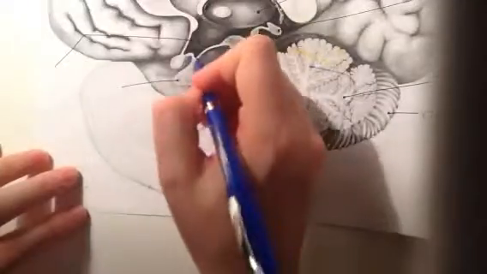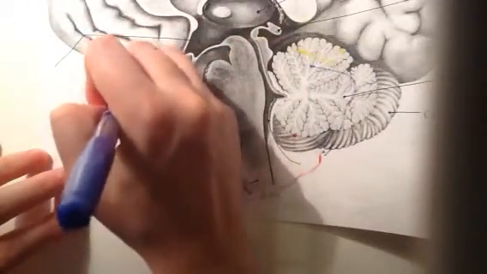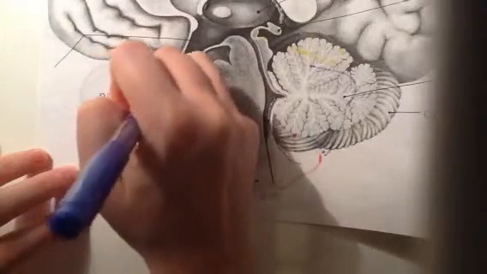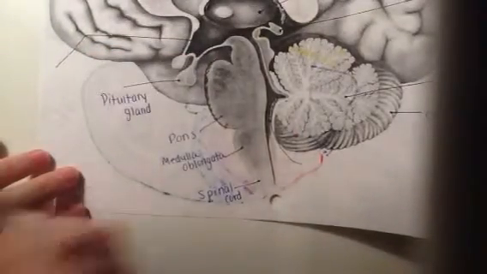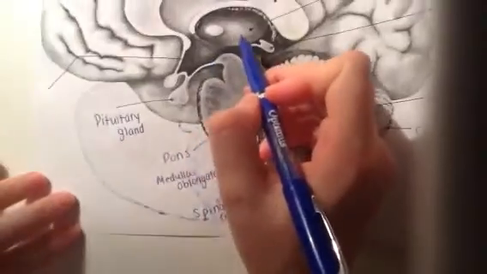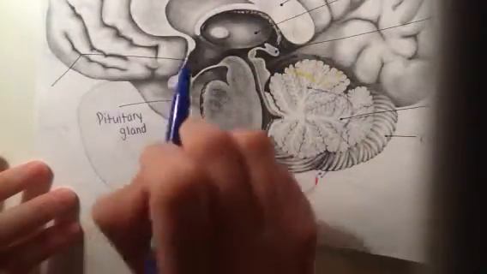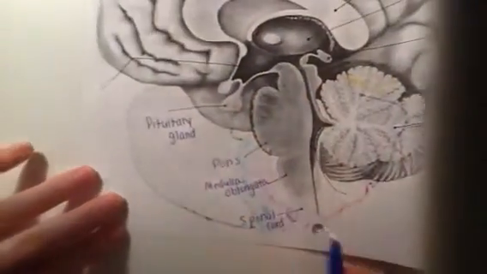This gland here is the pituitary gland. And then under the thalamus, here's your thalamus, under that, your stem for under is hypo, would be the hypothalamus.